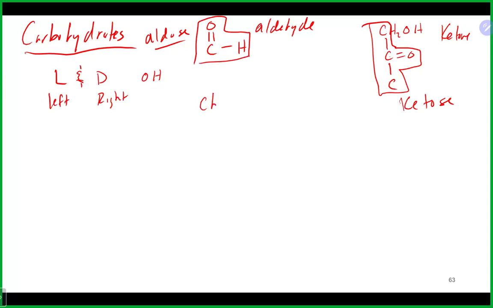Remember that a chirocarbon is one that has basically 4 different groups attached. Again, as we saw, in a lot of cases, that last chirocarbon, not 100% of the time, but a lot of times, is one back from that bottom CH2OH. And again, that OH, if it's on the left or right, gives L or D.